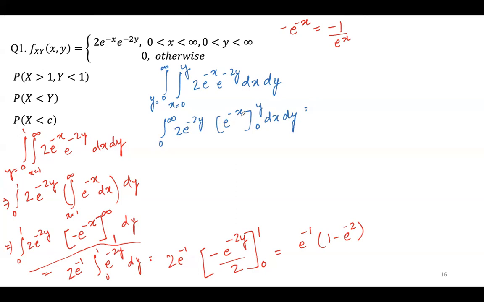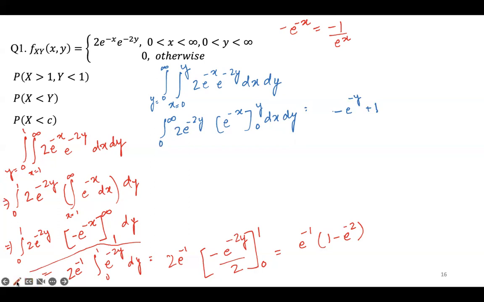And then when you solve it, you'll get again this thing, 1 minus e, like minus e to the power minus x. You'll put y here. So it's going to be minus e to the power minus y, minus minus plus e to the power 0. That's 1. Okay.